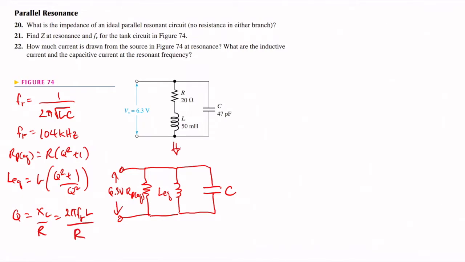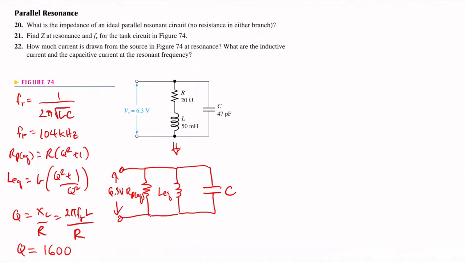We know what FR is, we know what L is, and we know what R is, so we can easily solve for the quality factor, and that computation will lead us to a quality factor of 1600. It's about 1631, but the quality factor is actually not an accurate term, and usually you round it off to the nearest tens or hundreds or whatever is convenient.